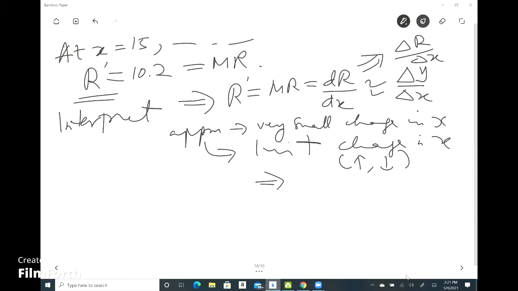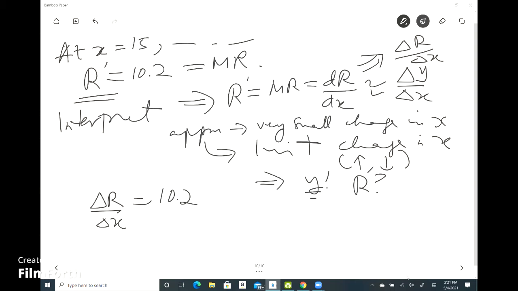And then what happened to the y? Okay, so in this case here, what happened to the revenue? So go back to the first topic, linear function. If you recall, okay, let's say we have the delta r over delta x, which is the marginal revenue. Suppose it's just equal to that answer that you got, 10.2.